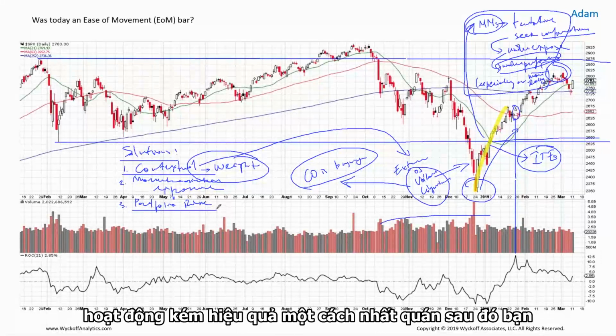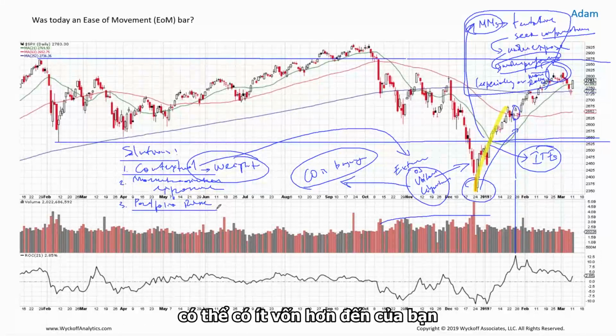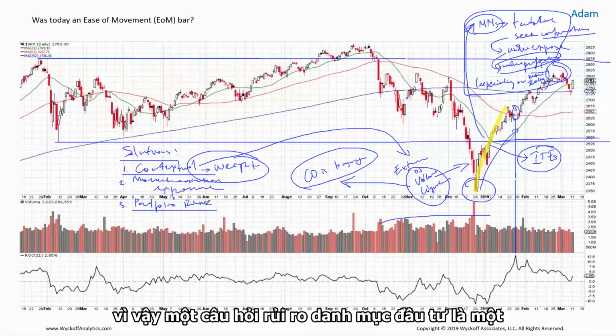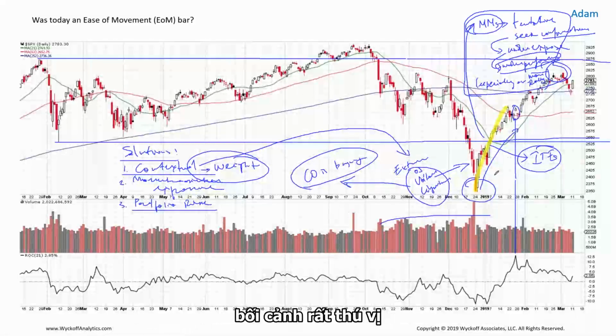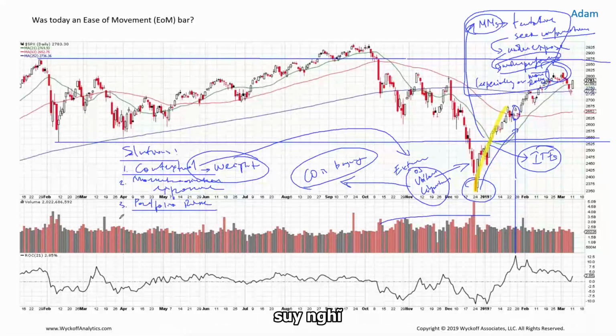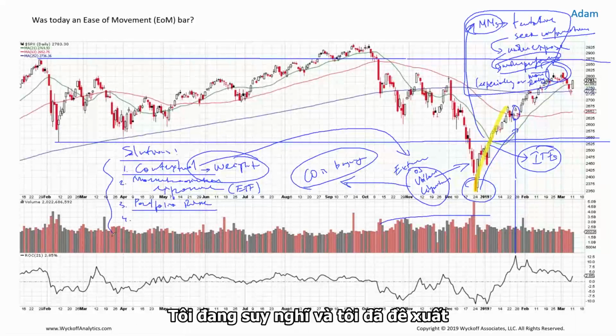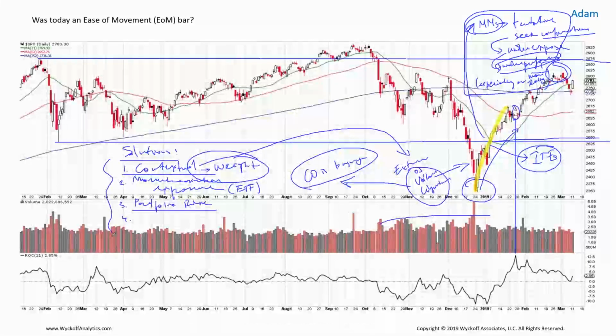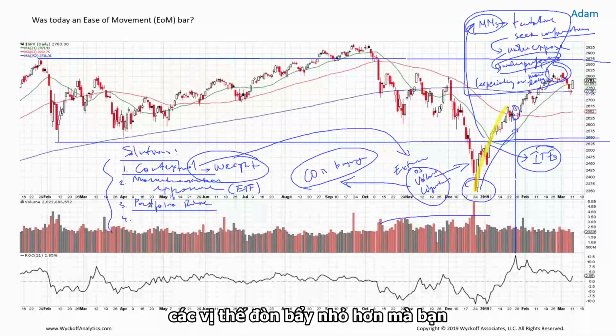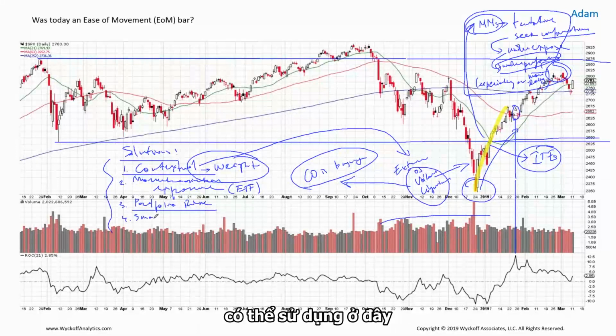If you are underperforming consistently, then you might have less capital coming your way. So a portfolio risk question is a very interesting contextual point for us to think about. So maybe ETFs, and I also kind of suggested that there might be some smaller leveraged positions that you could use here.